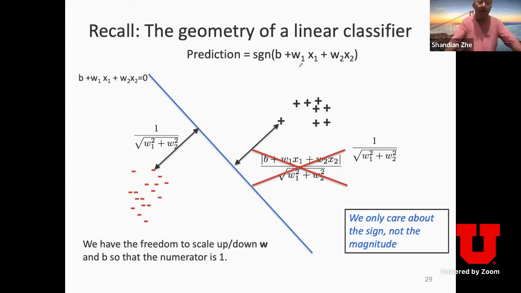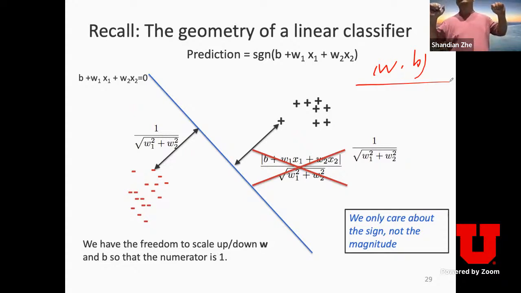So that brings an important insight. Our numerical representations of those model parameters are actually quite redundant. Redundant means that, say I have a particular instance of W and B representing a linear classifier.